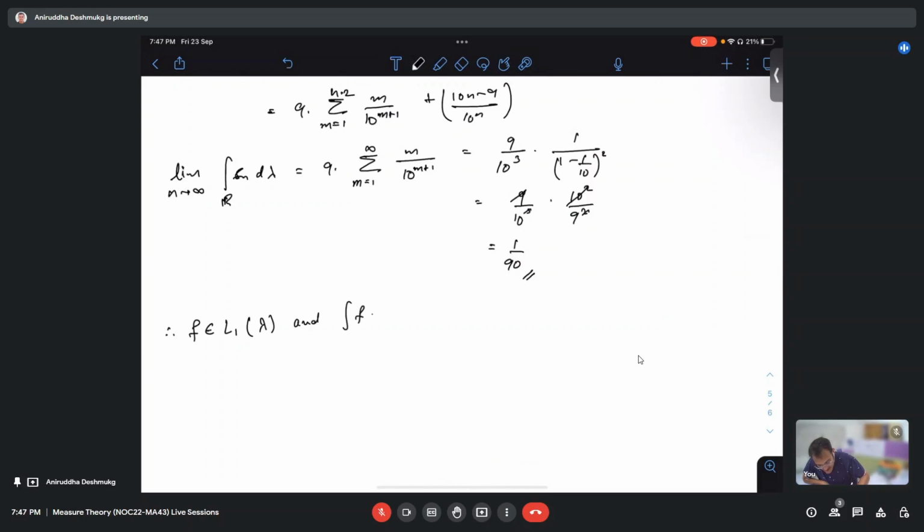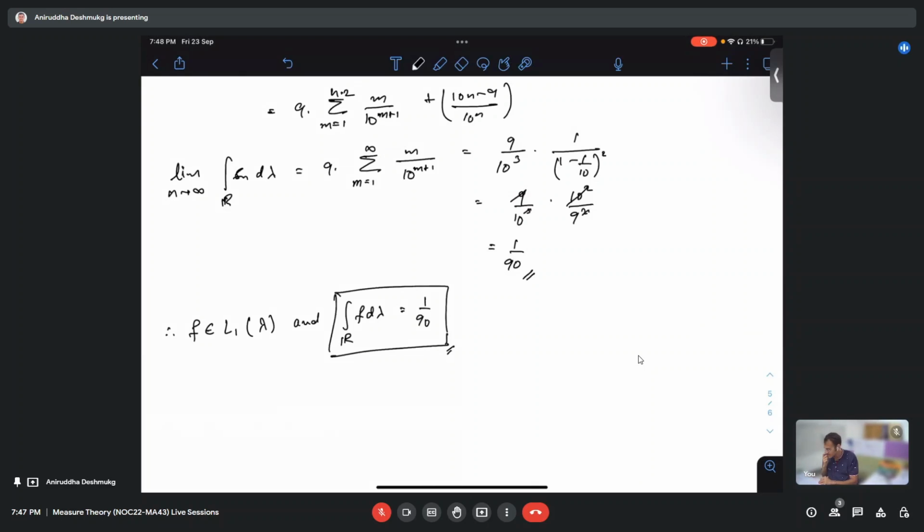And integral f d lambda over R is 1 by 90. So this was all about integrating non-negative functions.